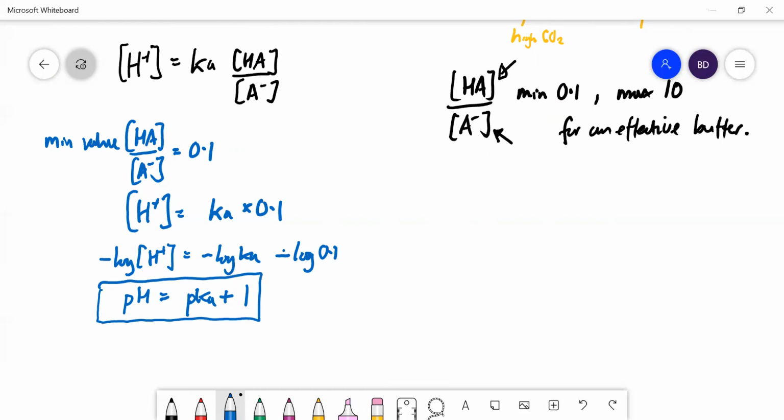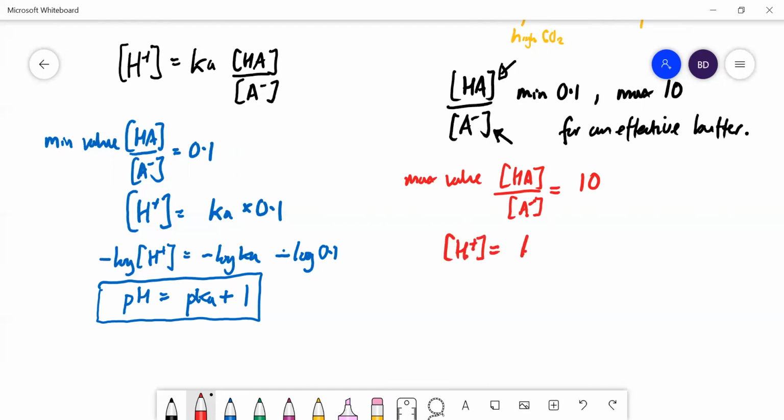Right, let's do the maximum value on this side now. The max value of HA over A minus is equal to 10. You've got 10 times more HA than A minus. So let's do that. You get H+ is equal to Ka times 10. Do the same thing again, and you'll get pH is equal to pKa minus 1.